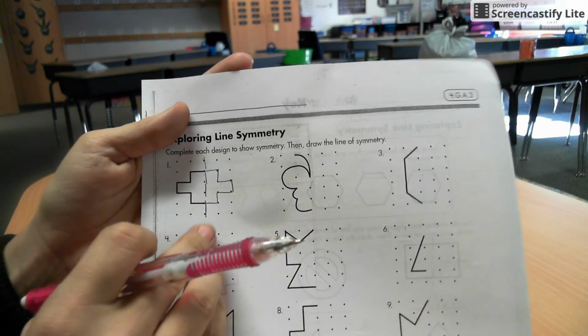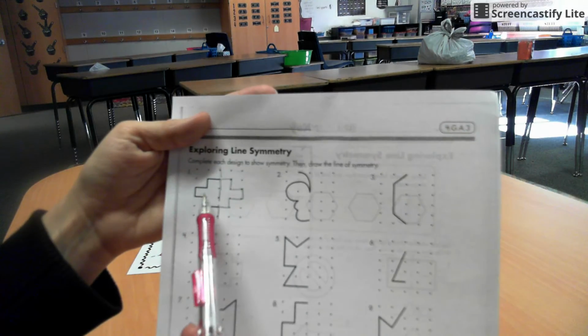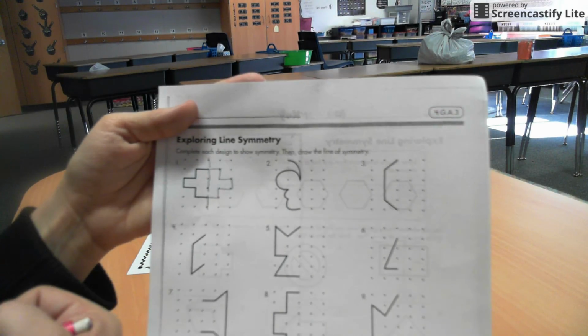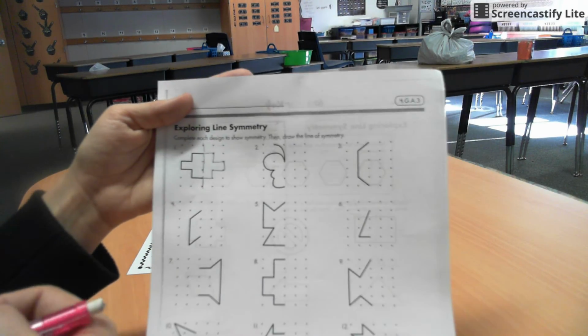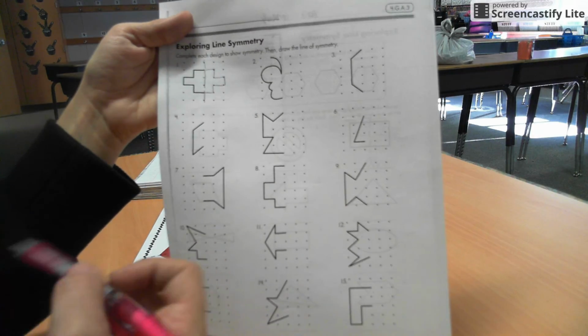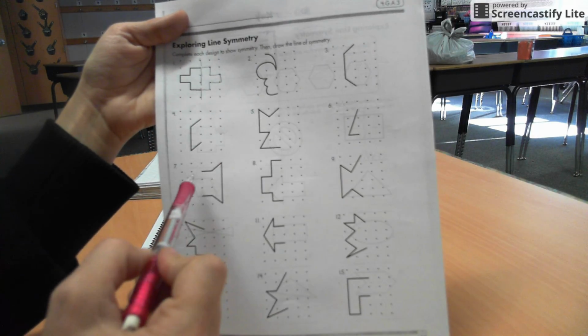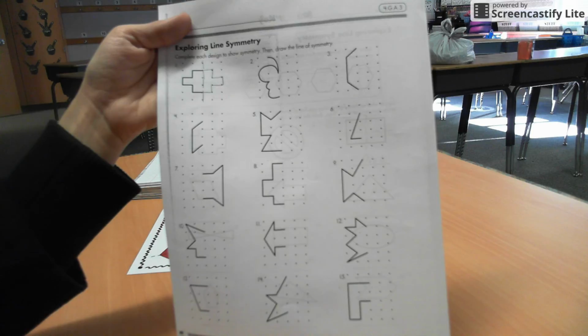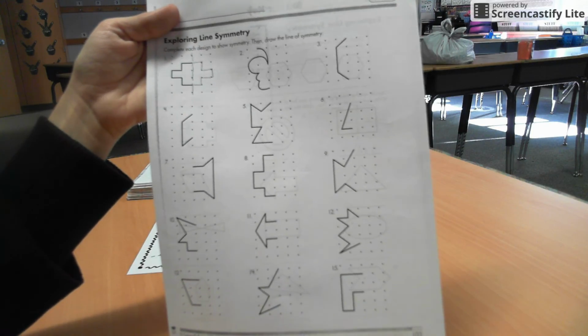Because if I fold it over on that line, it's going to be the exact same thing on both sides. So you're going to complete this side, drawing the line of symmetry, and then completing the other part of the drawing.